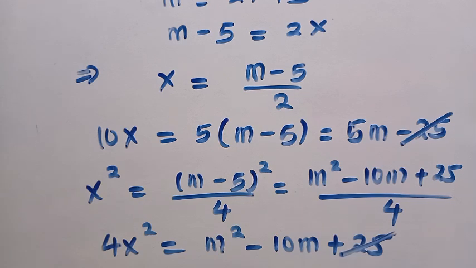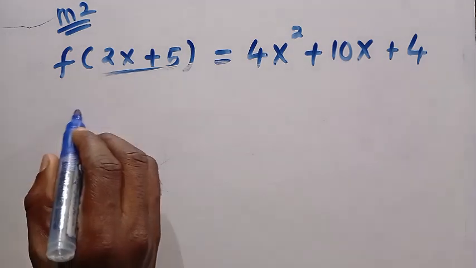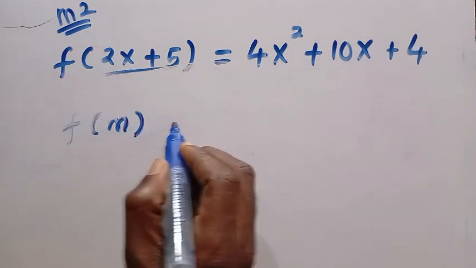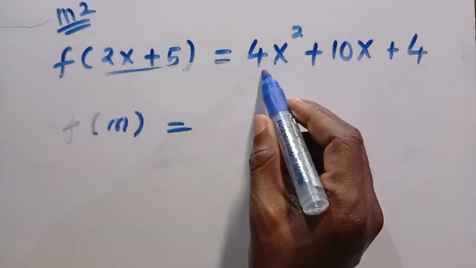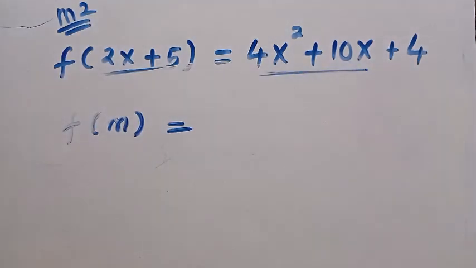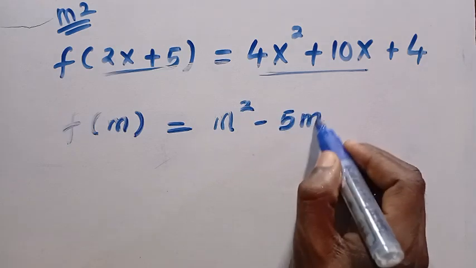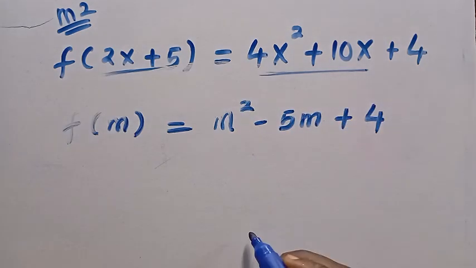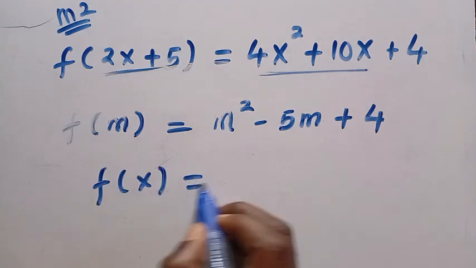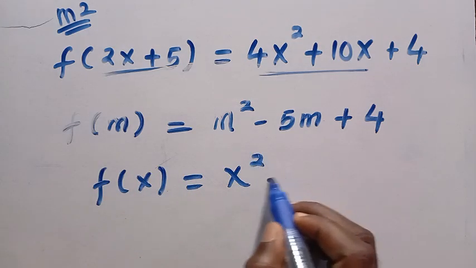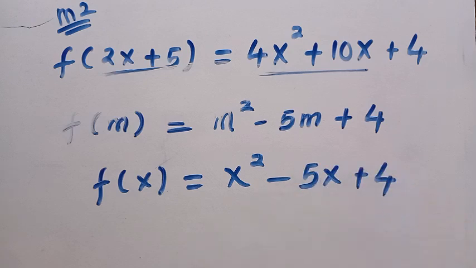Therefore, we are going to have f of m equals 4x squared plus 10x becomes m squared minus 5m, then plus 4. So by changing m to x, we have f of x equals x squared minus 5x plus 4.